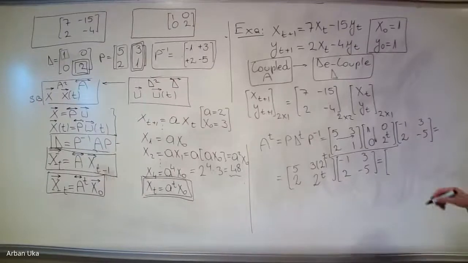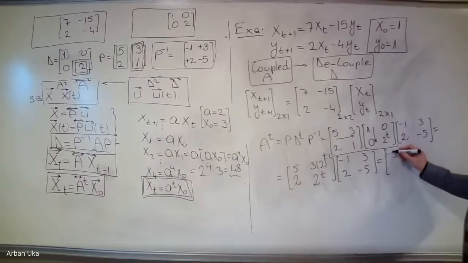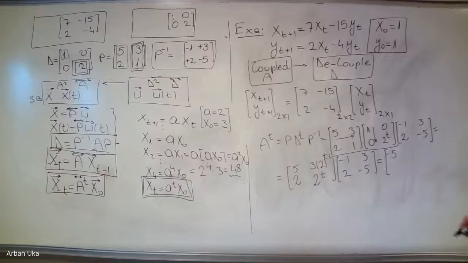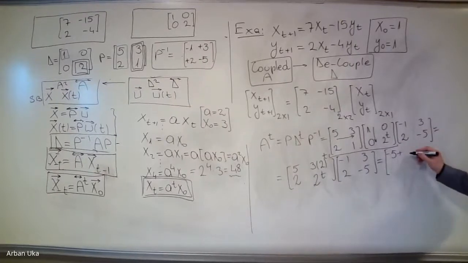In this case, we have minus 5 plus 6 times 2 to the power t.